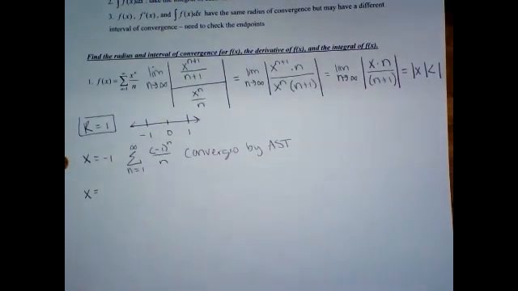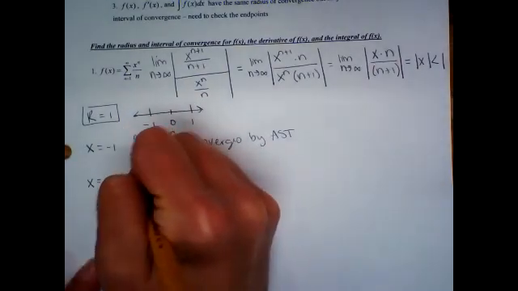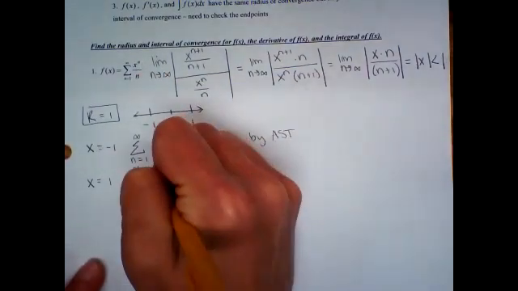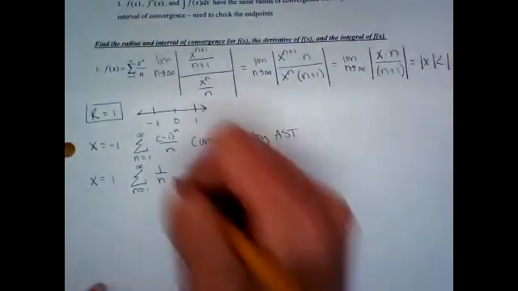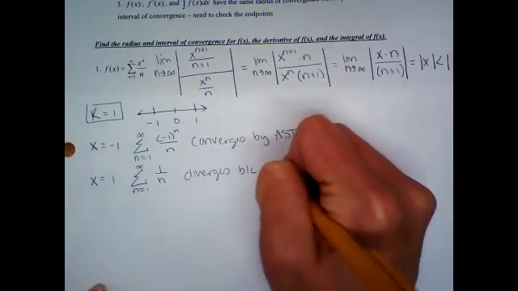Now, if it was a +1, it would diverge, and why is that? It's a harmonic series, or you could say p-series where p equals 1. And actually, that's what's going to happen here. If you plug in 1 for x, you'll have 1 to the n, which just is 1. And so this diverges because it's a harmonic series.